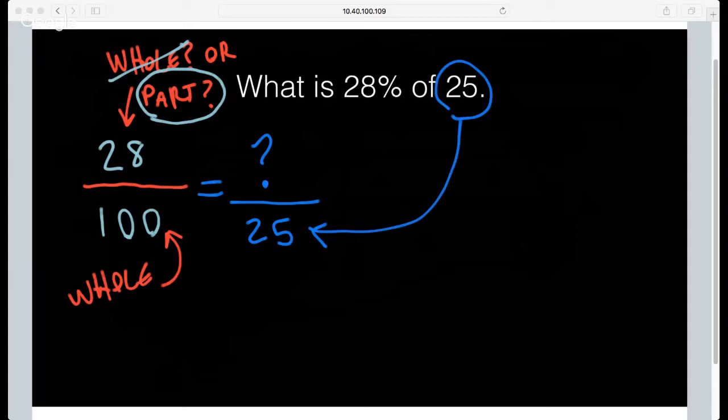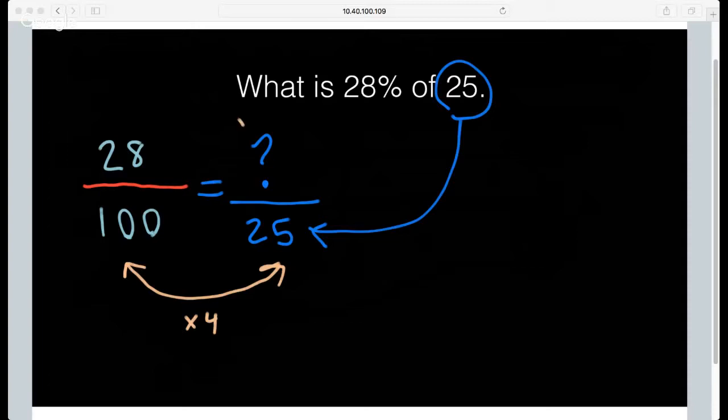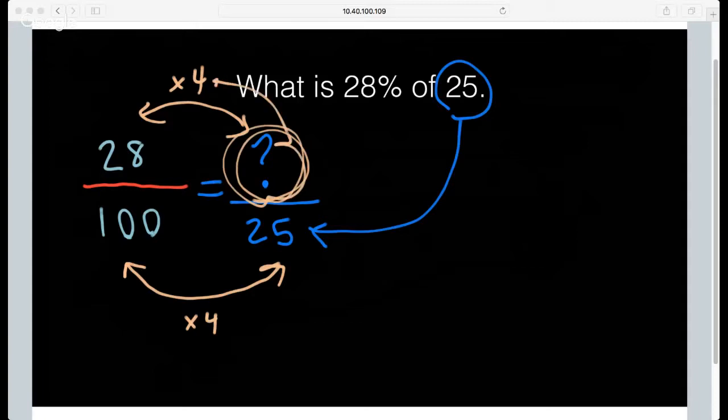Let me draw this. 25 relates to 100 in that there are 4 25s that make 100. Now we could say this, and then we can work it the same way up here. We could say times 4, but the problem is we don't know what to multiply by 4.